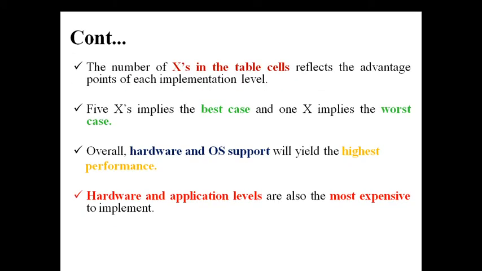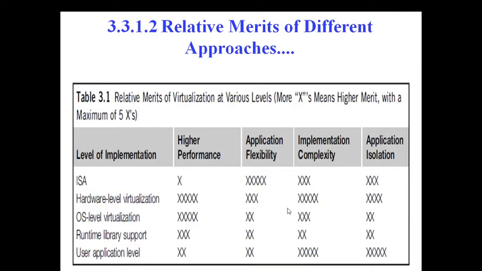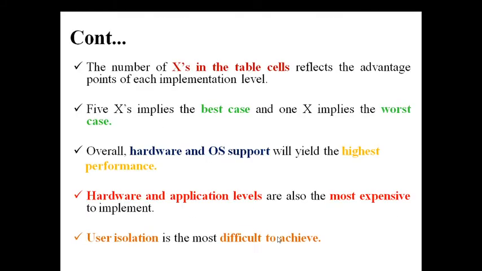Next, hardware and application levels are also the most expensive to implement, meaning they are very tough or very complex to implement. Next, user isolation is the most difficult to achieve. For any level of implementation, user isolation is very difficult to achieve, right?